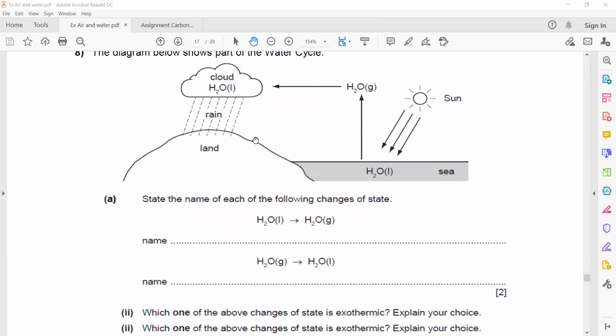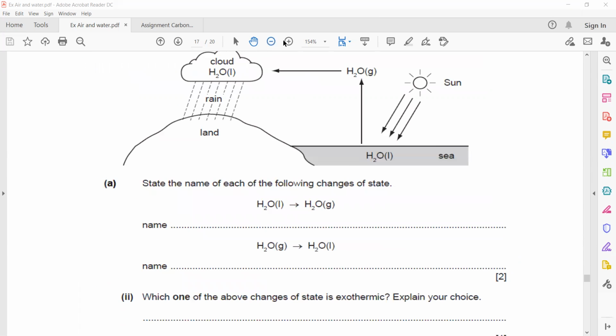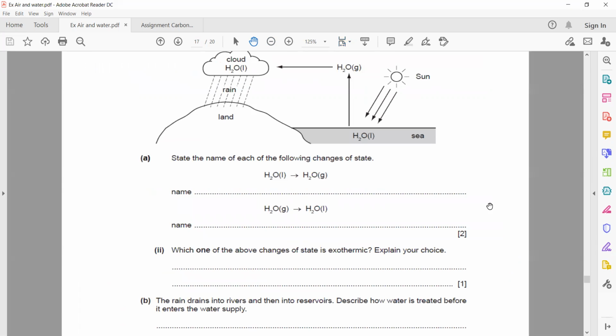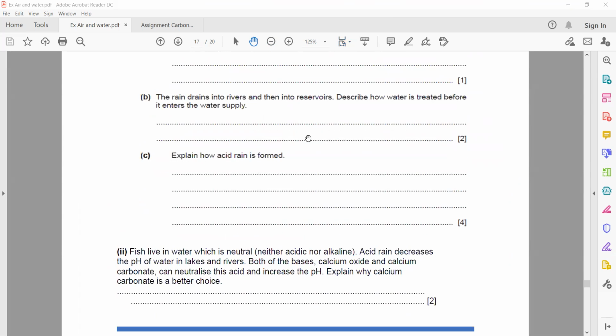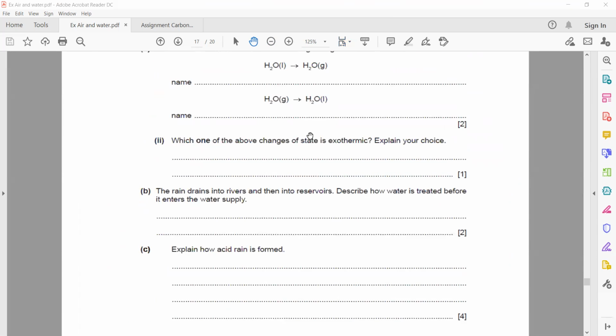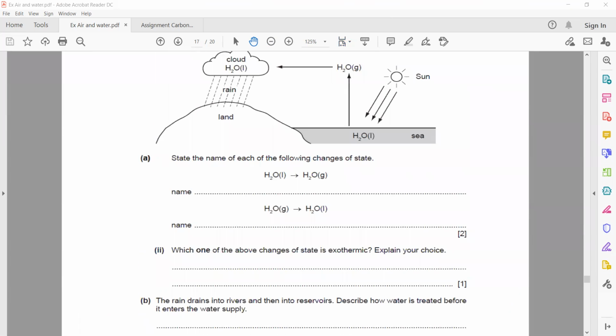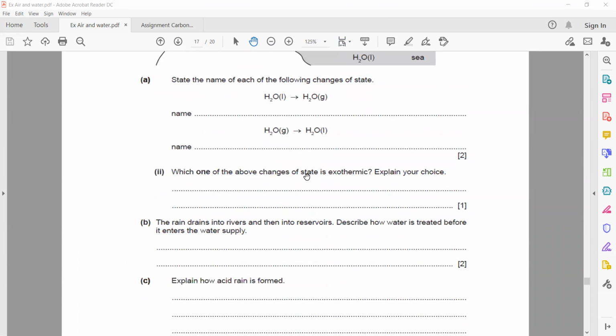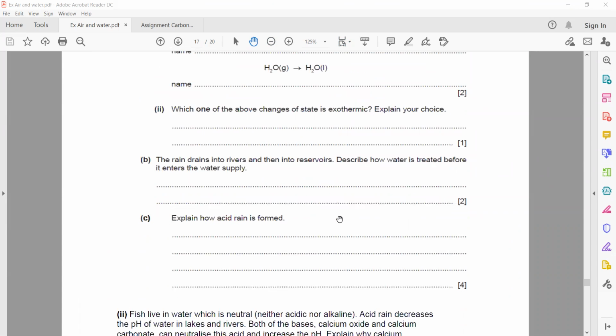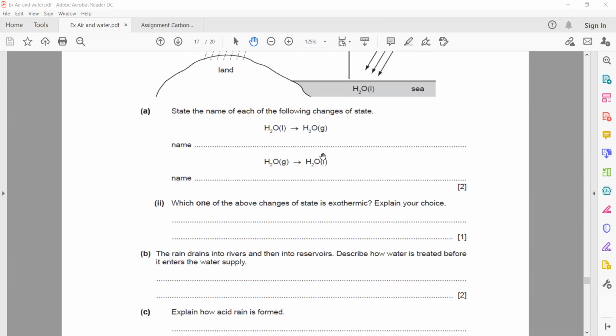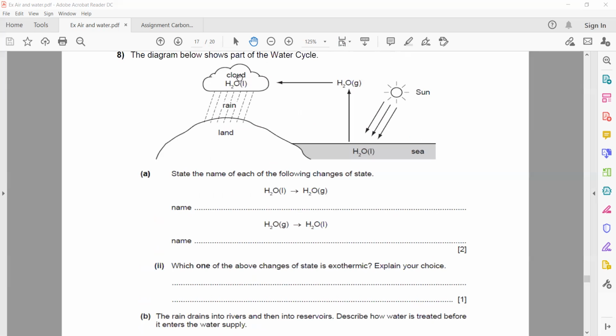Any doubt in question 8? Eight part 2. So 8a part 2.